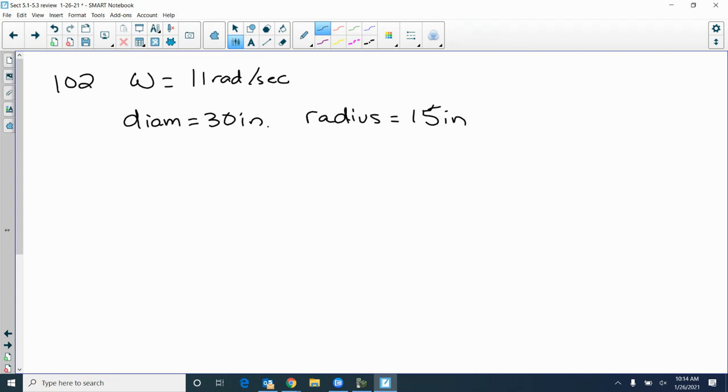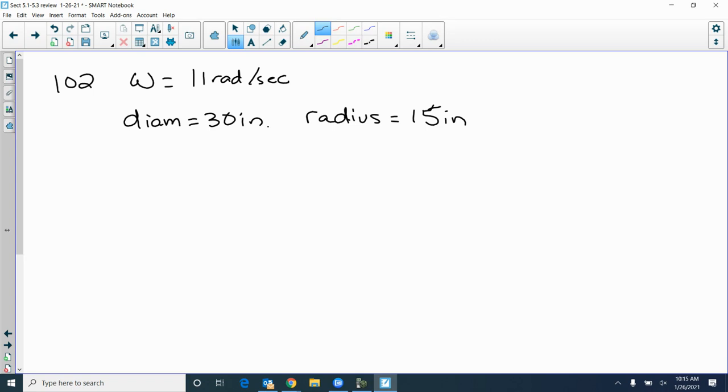All right, so distance traveled. It's going to have something to do with the circumference, right? It has to deal with that, and then how many revolutions it makes.